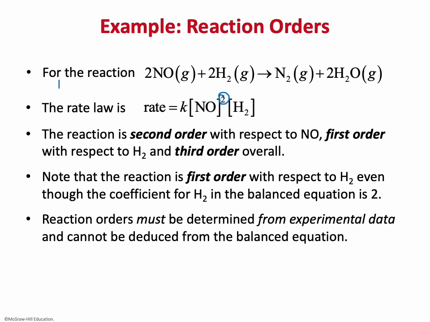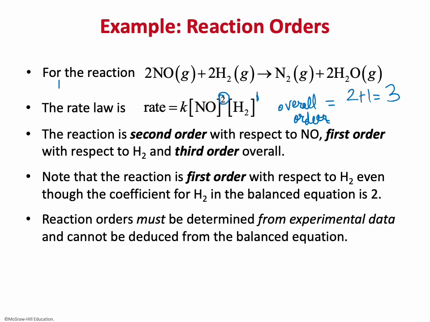With respect to hydrogen, it is first order. There's nothing written, that means it's a 1. Overall order of the reaction is, overall order means M plus N, so it is 2 plus 1. Overall order is 3. That's exactly how some questions would be.